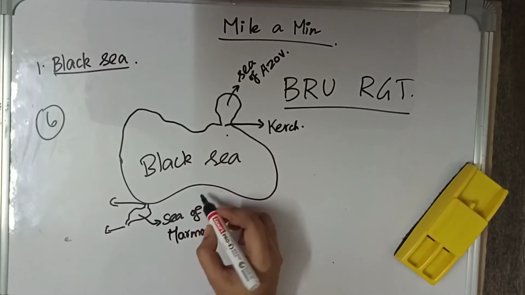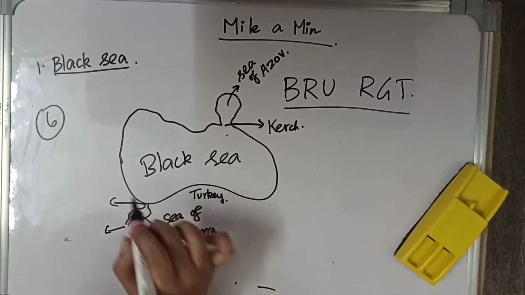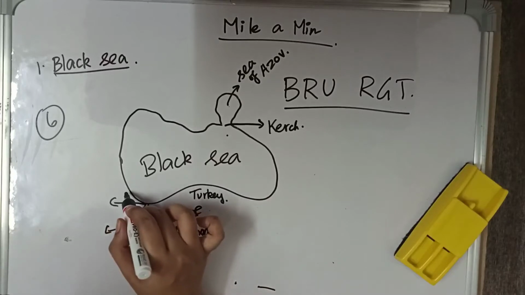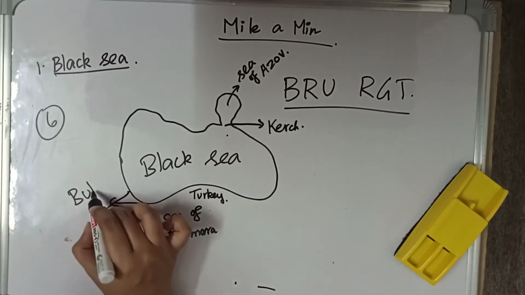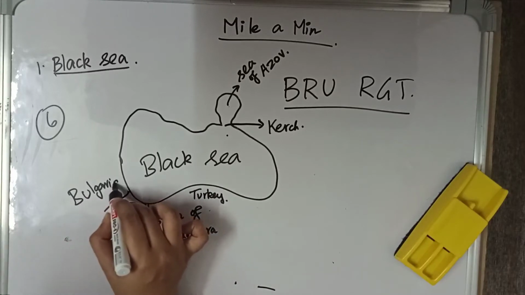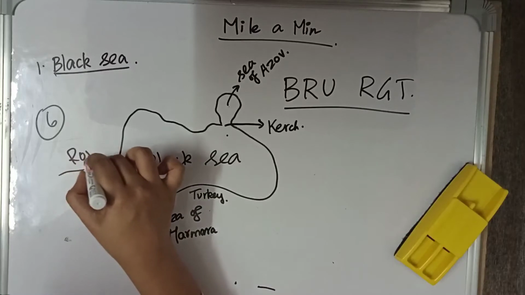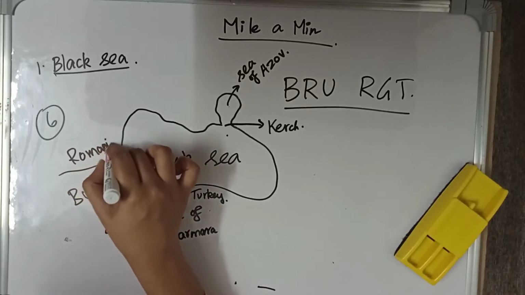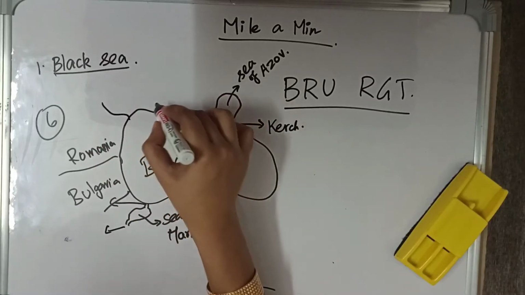In the southern side we have Turkey, up to here it is Turkey. Then here it is Bulgaria. Then Romania. On the top we have Ukraine.